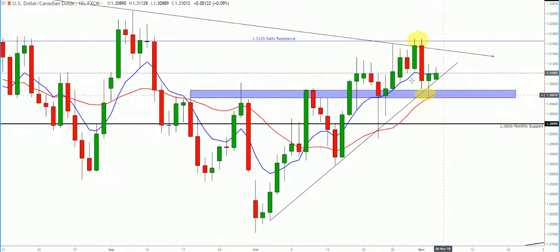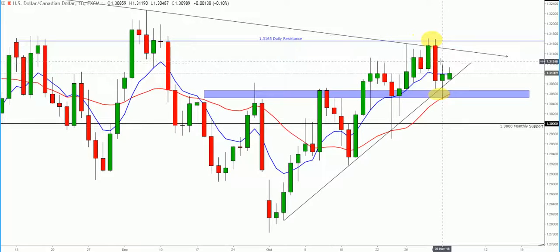However, you can see that price failed to close back above that exponential moving average. The bearish engulfing close on Thursday does show us that we are looking bearish overall.